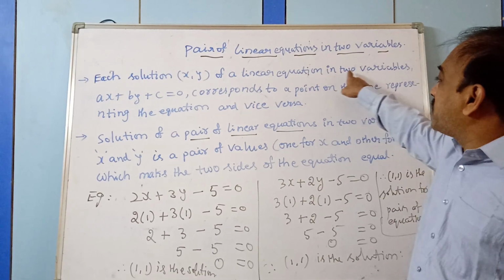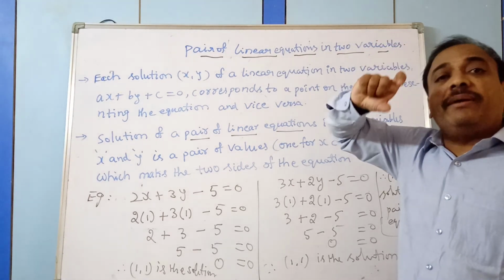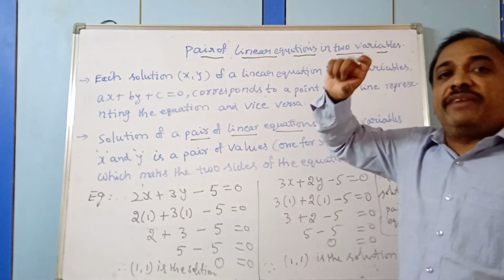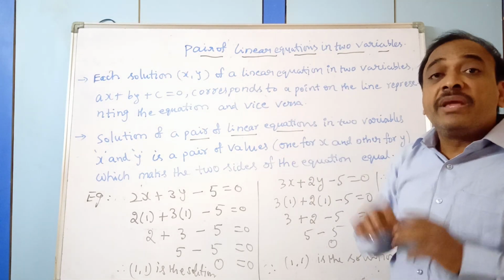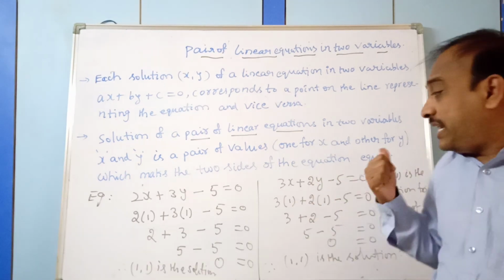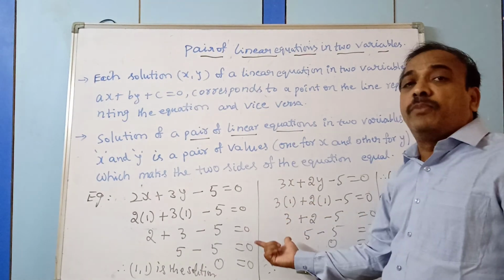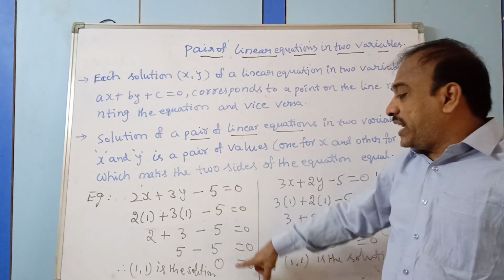Each line, every point x and y for the values which you give, which satisfies it is called a solution. But for a pair, it has to be satisfied by both. That's why here it is satisfying both, so this is the solution. For only one equation, this is the solution.